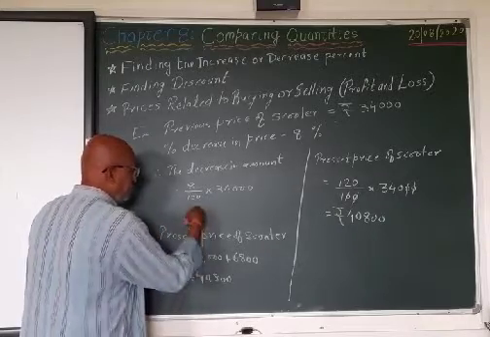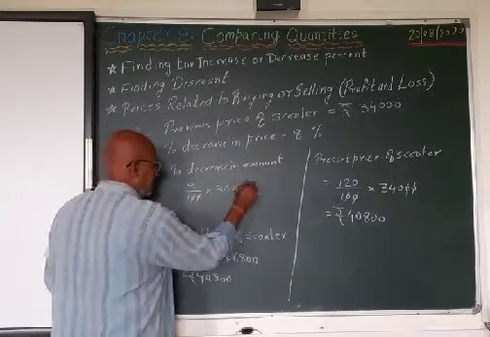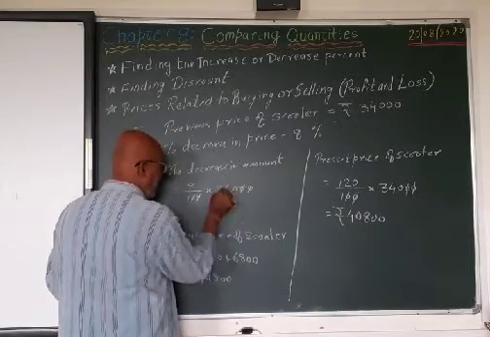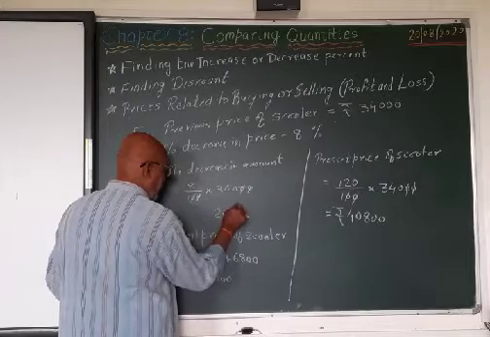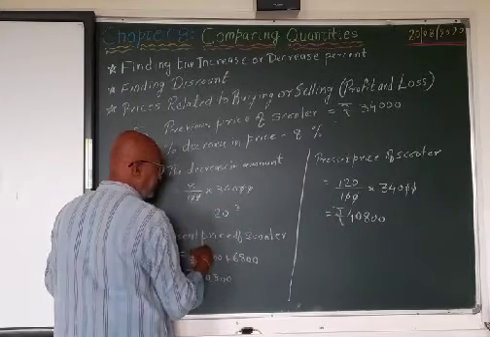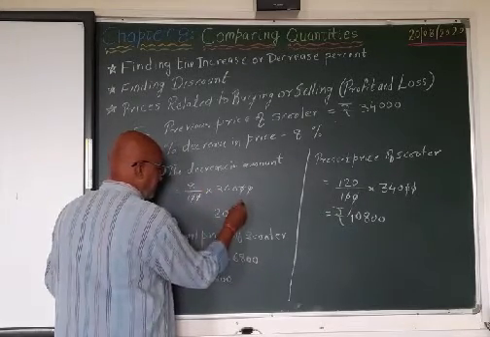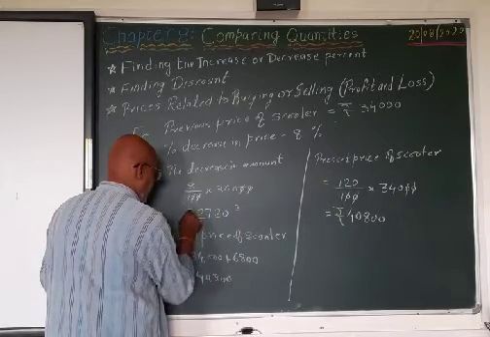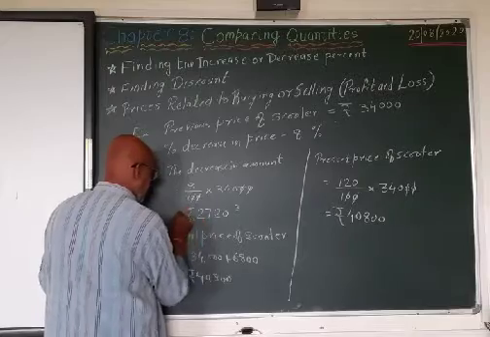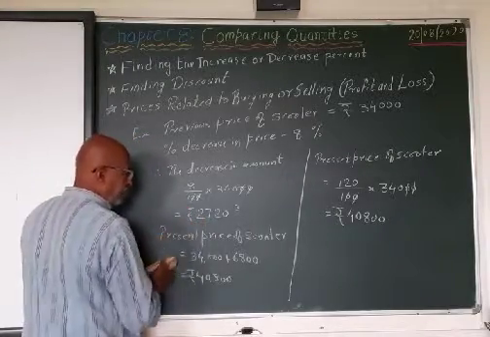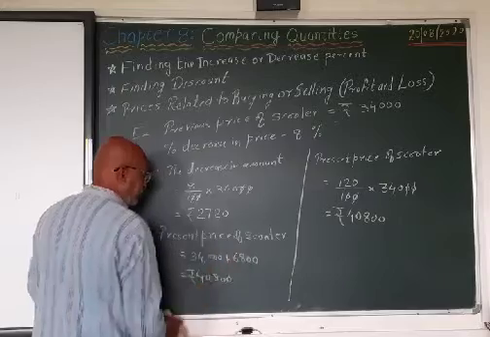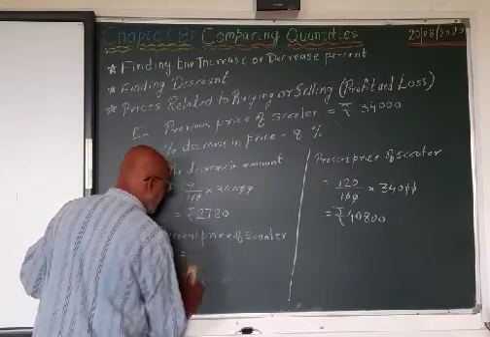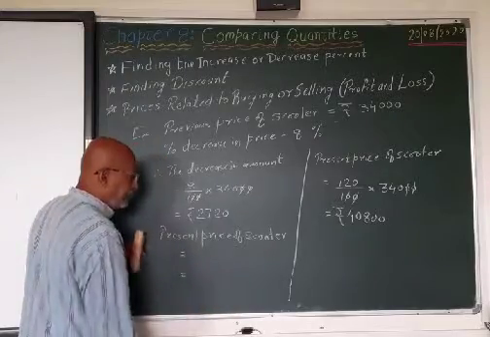What do you get here? This will be cancelled. 800, 8 4s are 32, 8 3s are 24, 25, 26, 27. So it is in rupees. So 2,720 rupees has been decreased. So the reduced price now, the present price of the scooter.